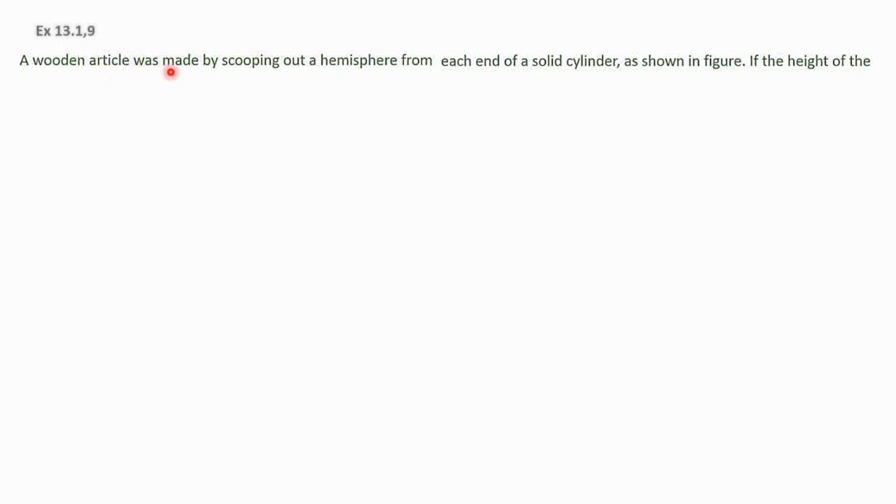Next we shall discuss the last question from the exercise. A wooden article was made by scooping out a hemisphere from each end of a solid cylinder as shown in the figure. If the height of the cylinder is 10 centimeter and its base is of radius 3.5 centimeter, find the total surface area of the article. Scooping out means, as I said before in the ice cream case, you are removing a hemisphere from each end of a solid cylinder.